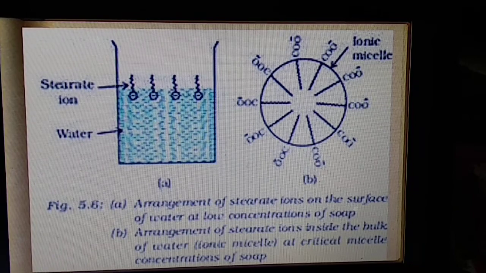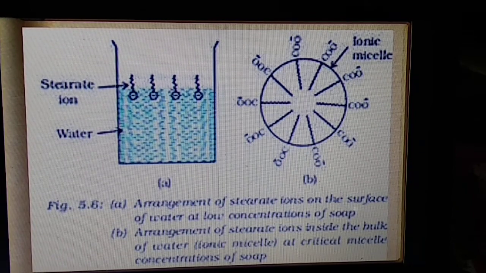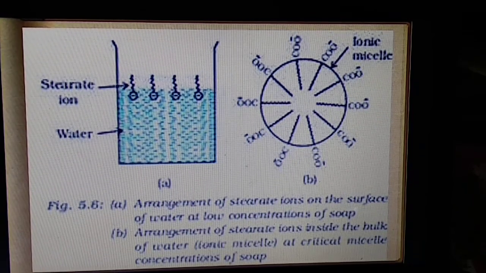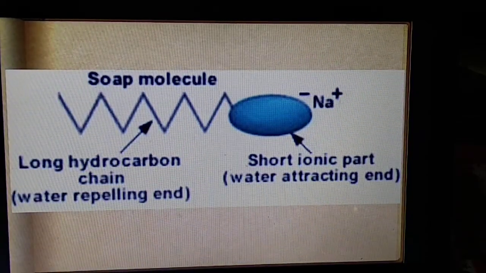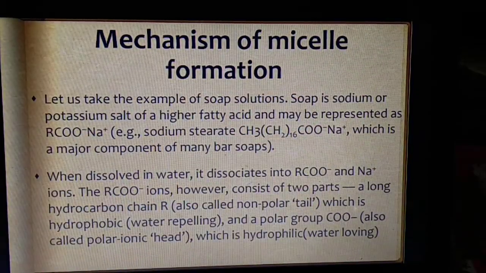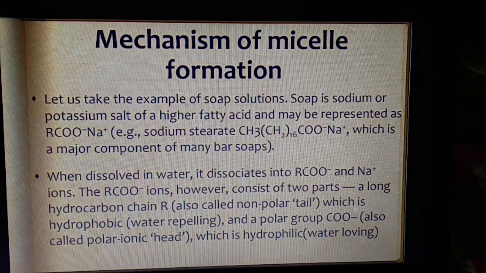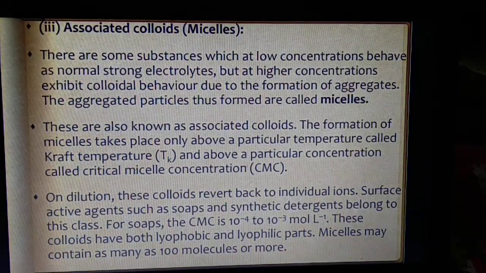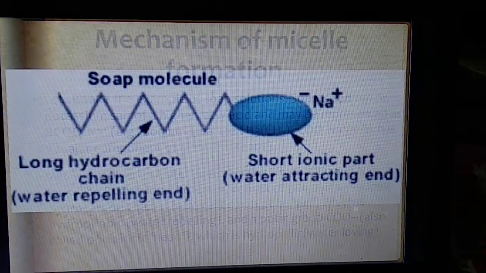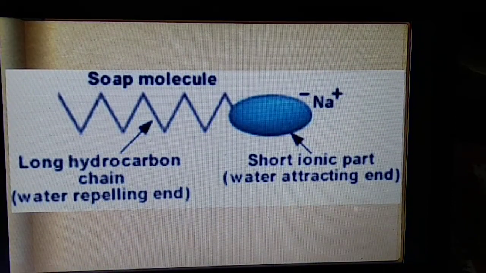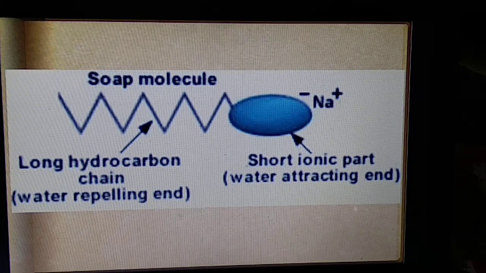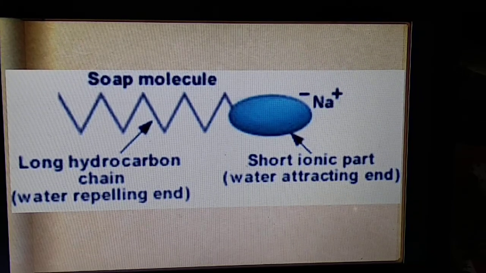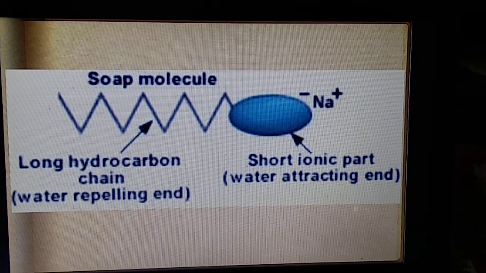Associated colloids, for example soap and detergent, and we have learnt about soap molecules and the mechanism of micelle formation, very important parts. Next, what is soap? It is the sodium salt of a higher fatty acid, such as sodium stearate, sodium oleate, sodium palmitate. These are examples of soap.